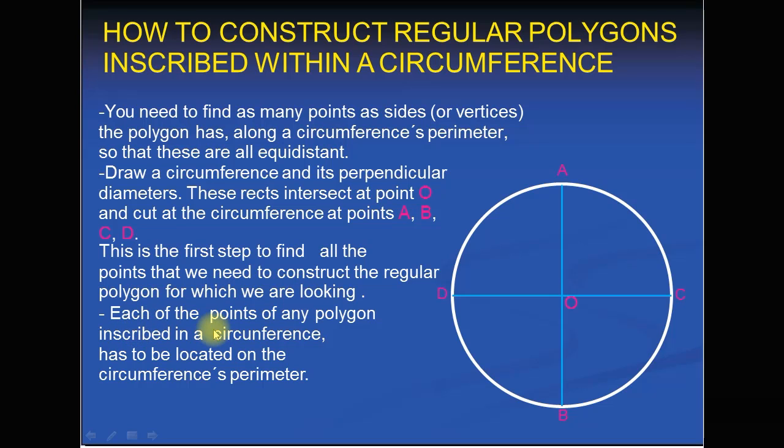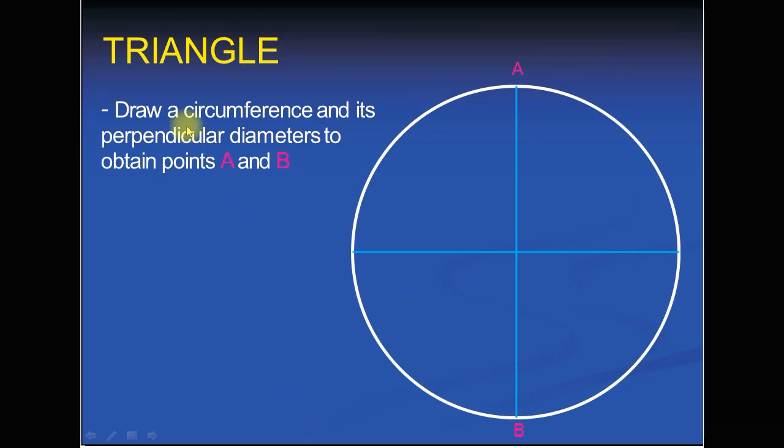Now each of the points of any polygon inscribed in a circumference has to be located on the circumference. Now how to draw a polygon like a triangle inscribed in a circumference. Draw a circumference, which we have already drawn in the first step, and its perpendicular diameters.